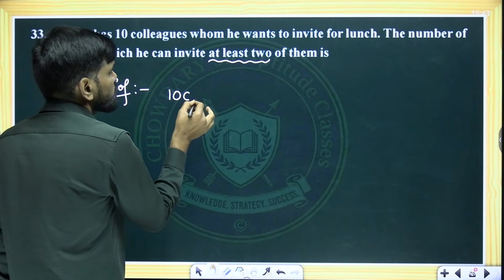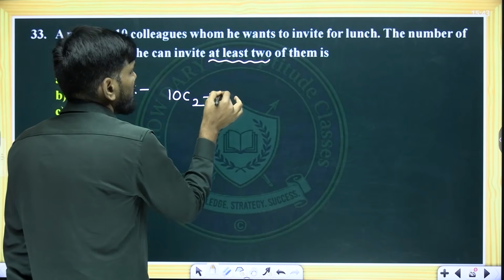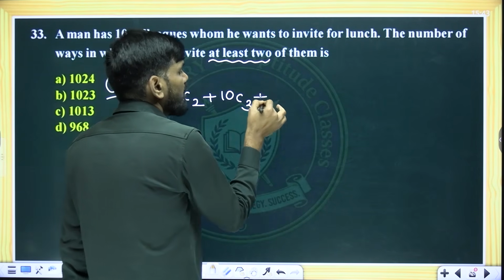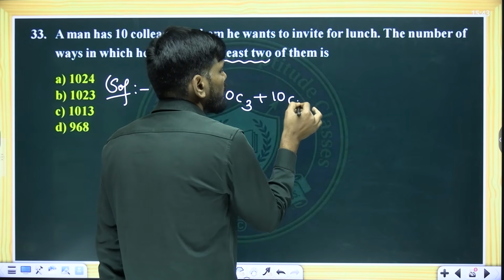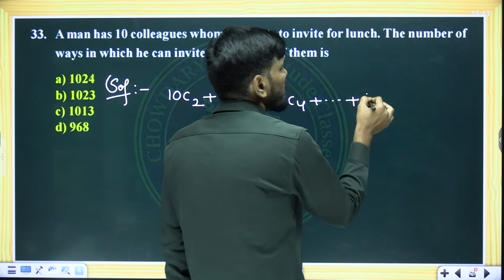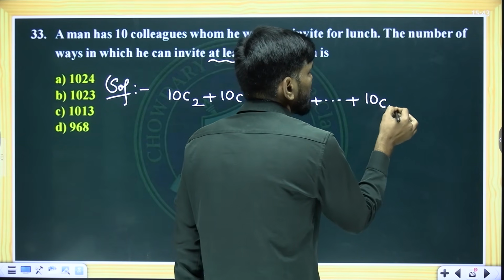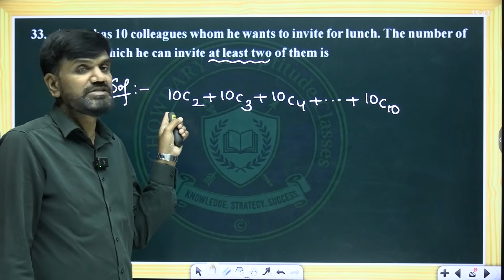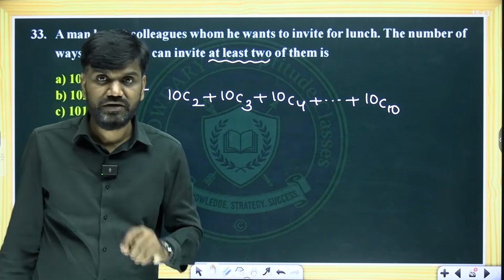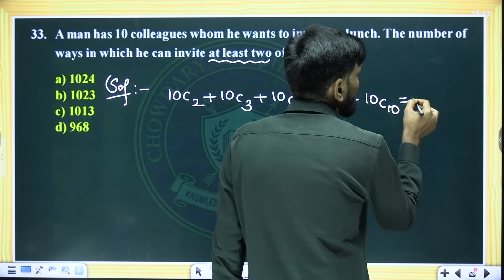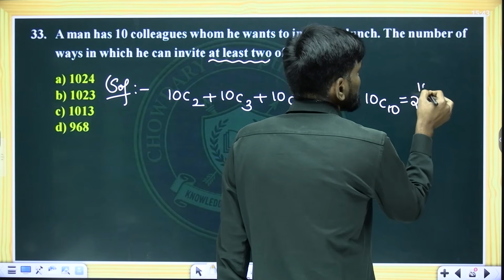Out of 10, you choose either 2 or 3 or 4 and so on to 10C10. So if at all I was having something like this, 10C0 plus 10C1 here, then it would have been 2 power 10. So what is missing from the 2 power n, from 2 power 10? What is missing here?